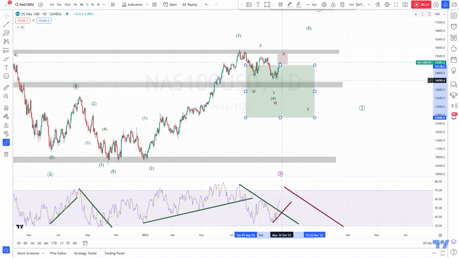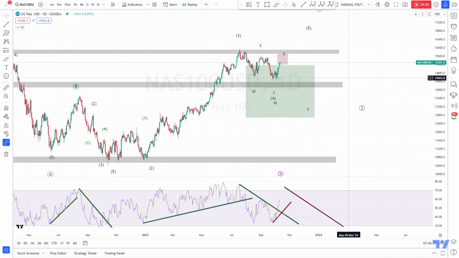And if you put it in perspective, compared to this bull run, this is actually a shallow retracement as a wave 4. So it could still be that we make an additional corrective leg down, and then this WXY would just be part of a bigger WXY indicated in red.